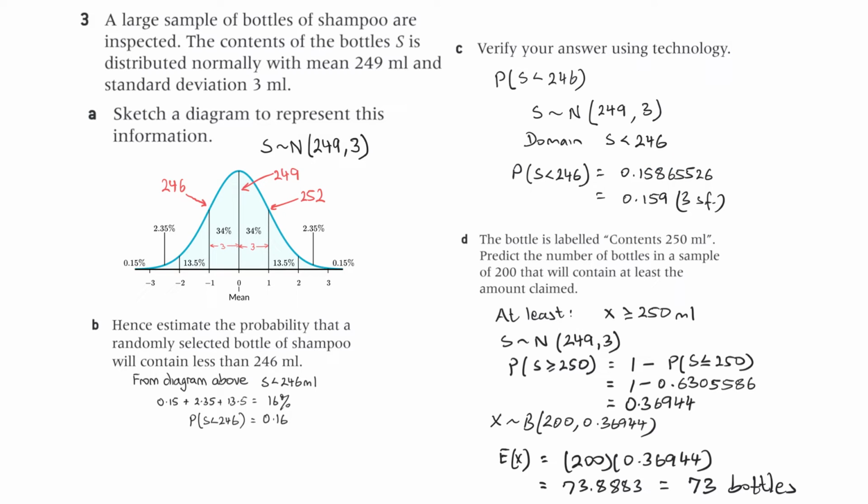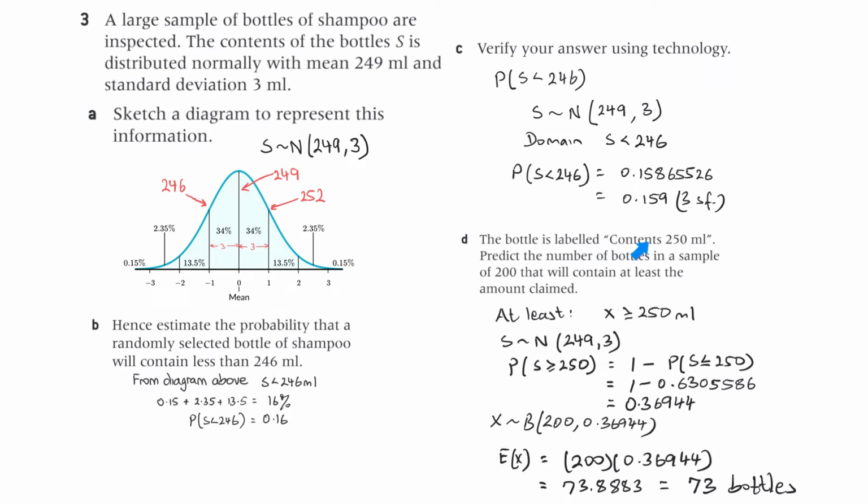So in the calculator for this normal CDF, the first thing you put in is minus infinity, which is automatically in there with the TI-Nspire CAS, and then you put in 246, then 249 as the mean and 3 as the standard deviation, and you'll get 0.159 to 3 significant figures, which matches quite well with what we estimated from the diagram.